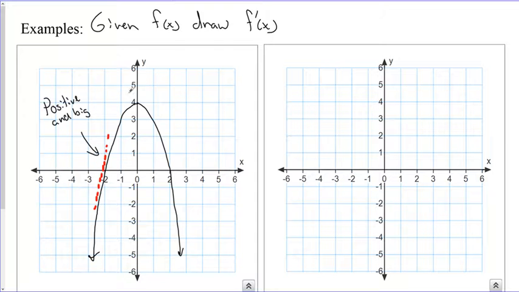When I draw a tangent line here at 4, the value of the tangent line will be 0. And then if I draw in a tangent line here, the slope of that tangent line will be both negative and big.